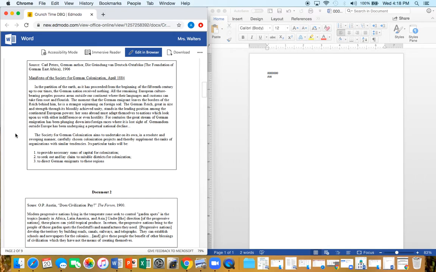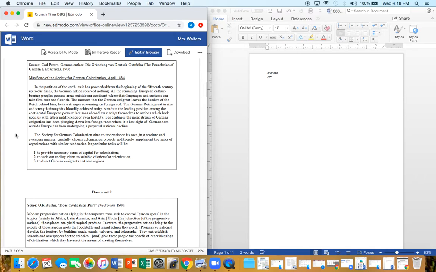The Society for German Colonization aims to undertake on its own, in a resolute and sweeping manner, carefully chosen colonization projects, and thereby supplement the ranks of organizations with similar tendencies. In particular, tasks will be: 1. To provide necessary sums of capital for colonization.